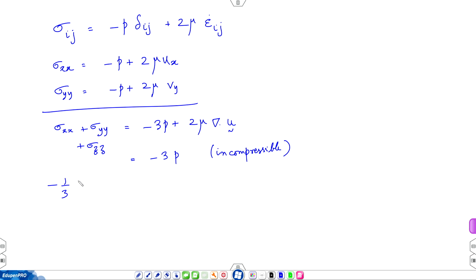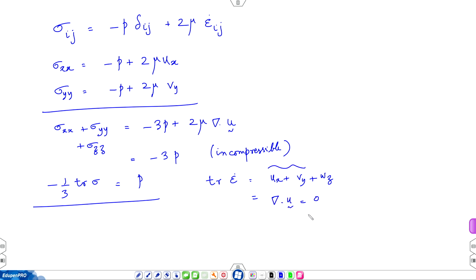So, minus 1/3 trace sigma is p. And what is the trace of epsilon dot? Epsilon dot had u_x, v_y on the diagonal elements, and w_z in 3D and only these two in 2D, which is del dot u, which is also equal to 0.